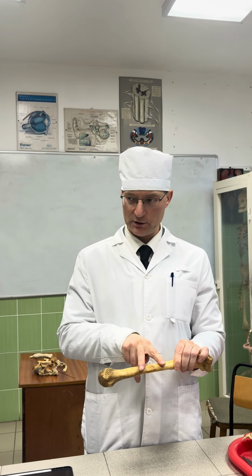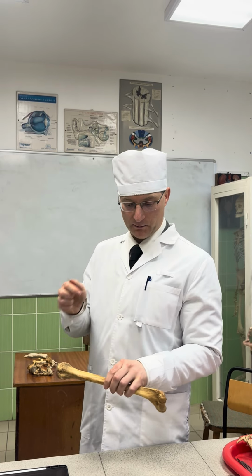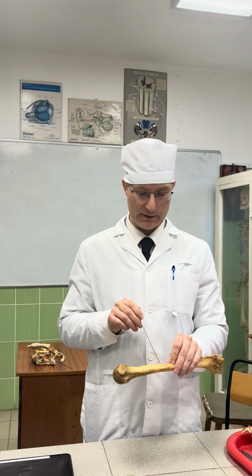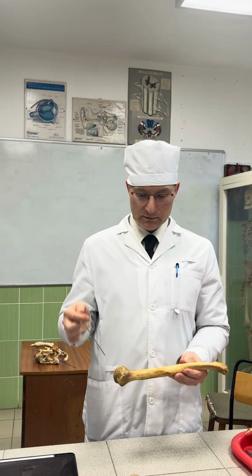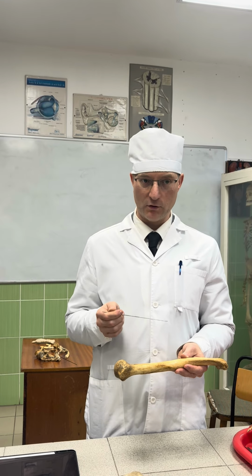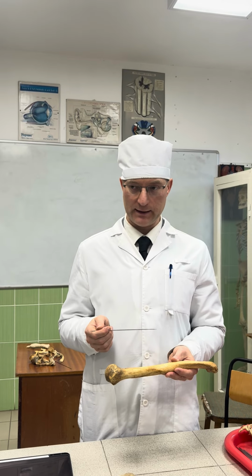In the middle position, we have a tuberosity for a muscle. The muscle is the deltoid muscle, musculus deltoideus. So here is tuberositas deltoidea. Behind, downward and in a spiral heading, we have a groove for the radial nerve, sulcus nervi radialis.